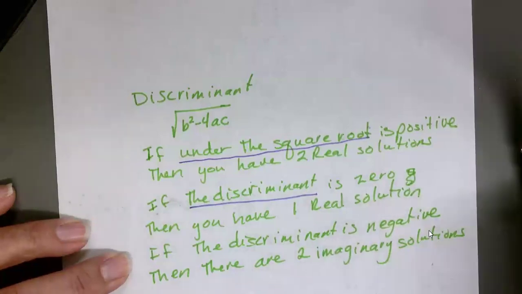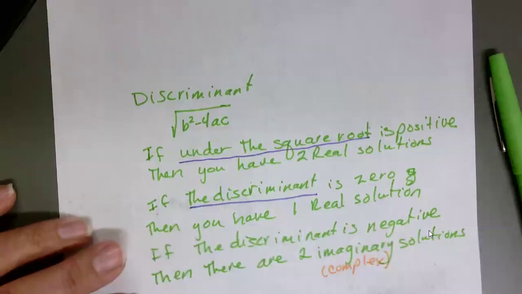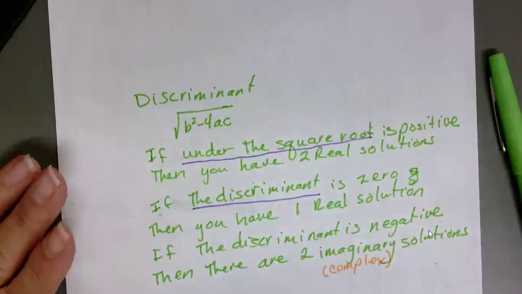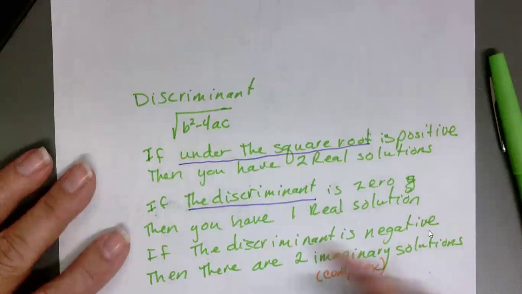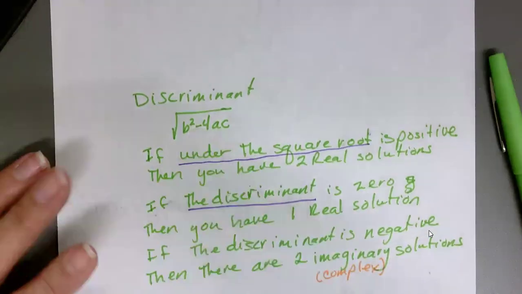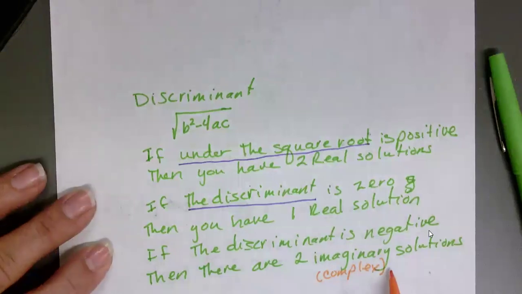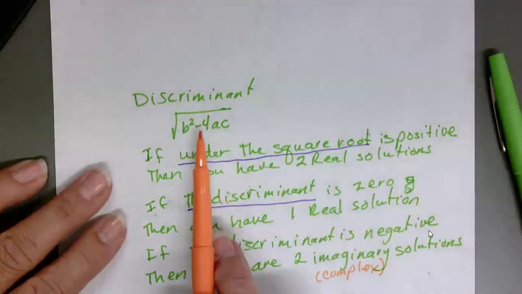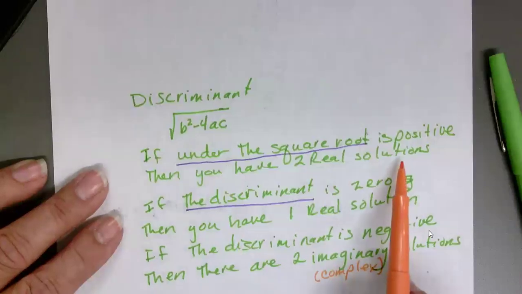And my apologies, but they use the word complex on the test. I'm glad you get to see both in case it's different on SATs or somewhere else. But yeah, if it's negative under here, like if you get a negative 27, it's going to be two imaginary solutions. Whereas if you get a positive 27, you're going to have two real solutions, even though they're not going to be easy. Okay?